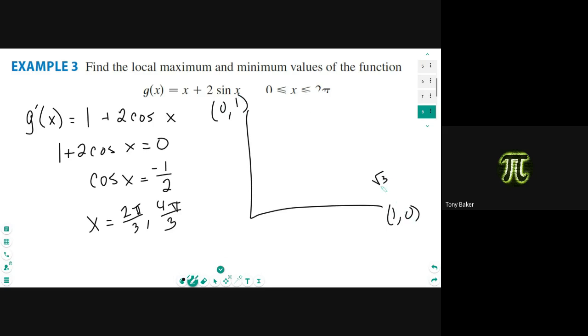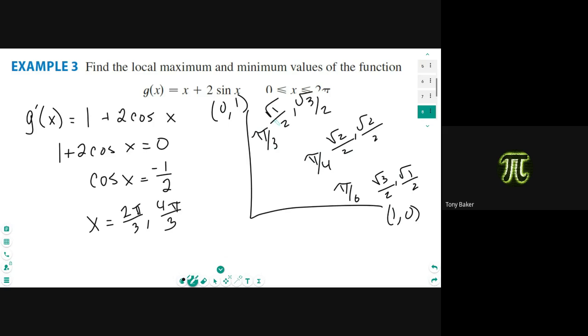So it's square root of 3, square root of 1. Square root of 2, square root of 2. Square root of 1, square root of 3. Top two numbers always have to add to 4. And it just goes around. And then it's pi over 6, pi over 4, and pi over 3. That's all you actually need to remember.